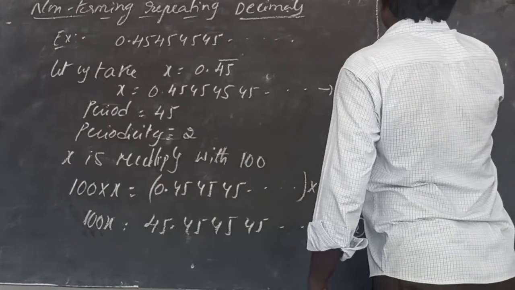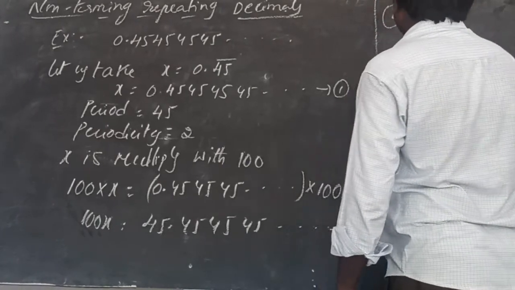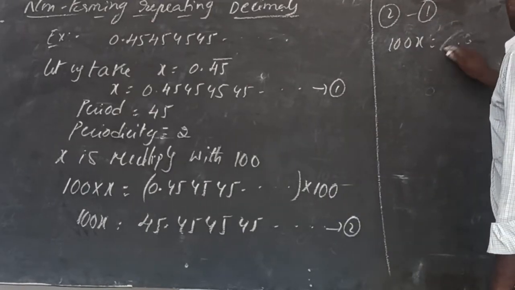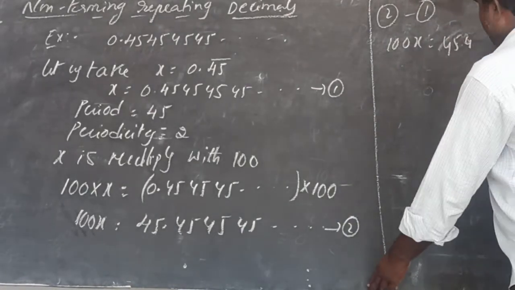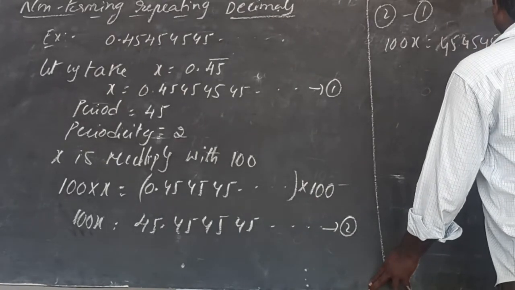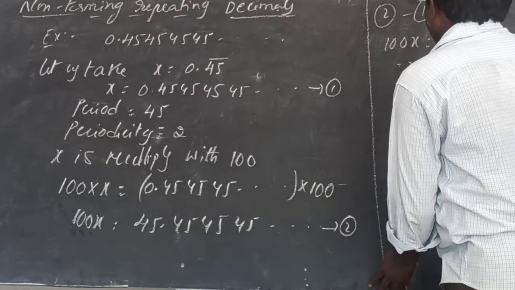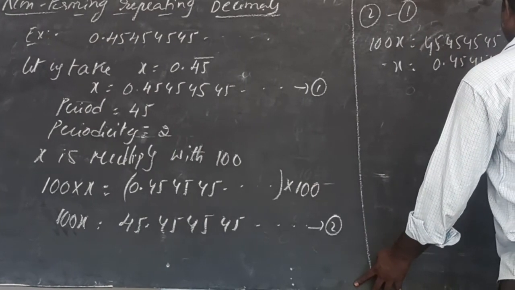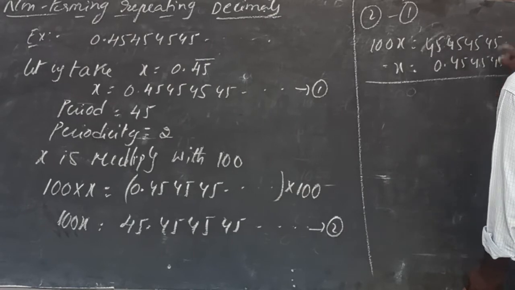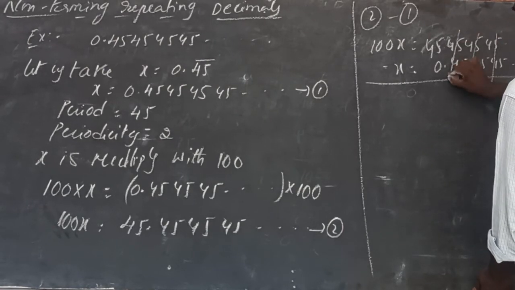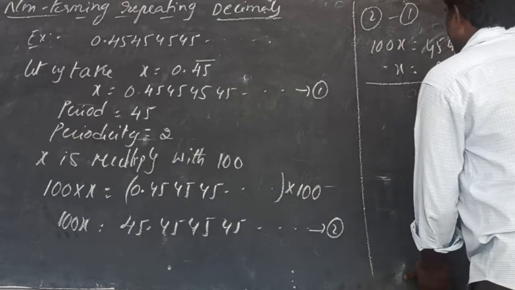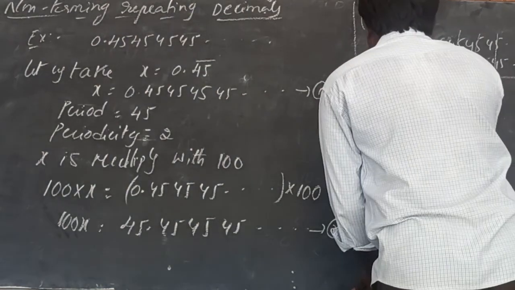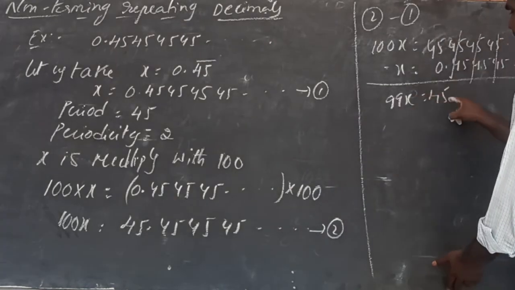So subtract the first equation from the second one. 100x is equal to 45.454545 and so on, and the first number is 0.454545 and so on. When you subtract, the repeating 45 cancels and 45 remains. So 100x minus x is 99x, and 99x is equal to 45.